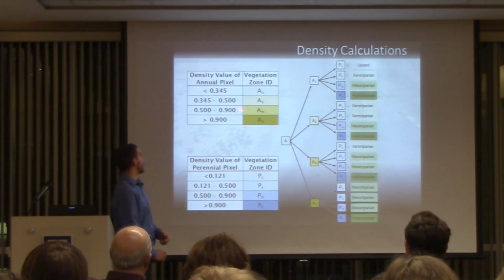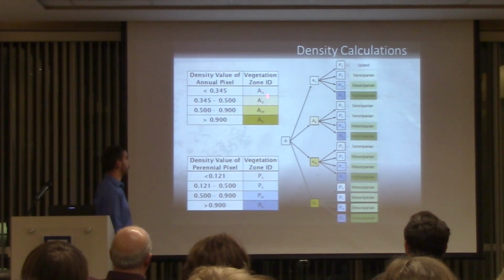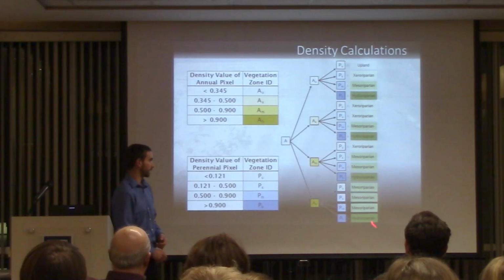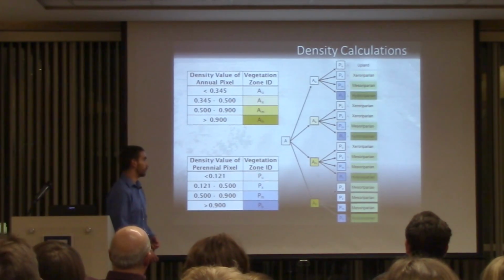So I picked these values for annual upland, annual 0 riparian, meso, hydro, perennial, and then like that. It didn't have to be annuals first, it could have been vice versa, but it was arbitrary. It looked at the pixel, determined what class it fell in the annuals, and then from there matched it up with the perennials, and then kicked out a classification.